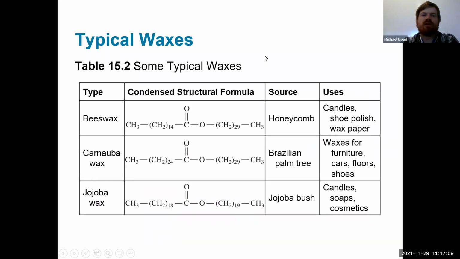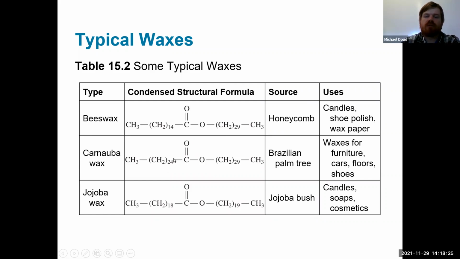So you can look at a few different types of waxes here. For example, beeswax has a 30 carbon alcohol chain esterified to a 16 carbon fatty acid. And this is present in honeycomb. You can use this for a lot of different things, like beeswax candles, which are fairly popular. Beeswax can also be a sustainable way of making shoe polish or wax paper.